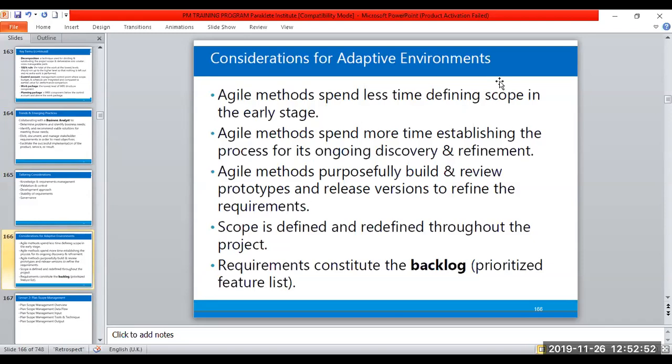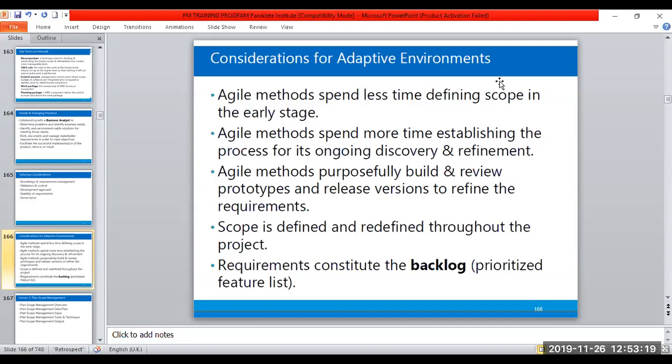And also the deliverables are derivable through incremental methods. Okay, so the more you execute the project, the more you get information, and then you replan, and then you go forward. So agile methods purposefully build and review prototypes and release versions to refine the requirements.